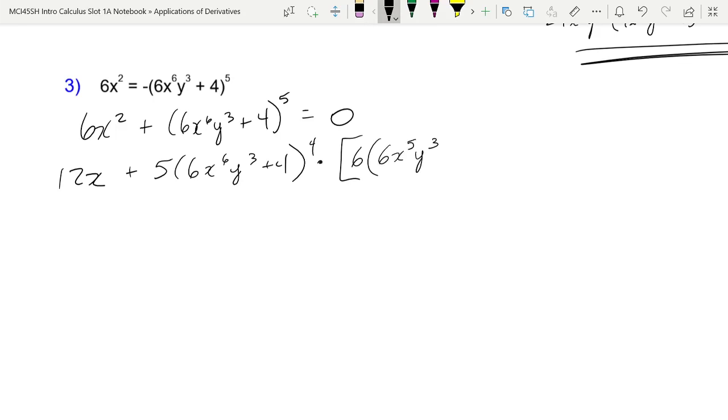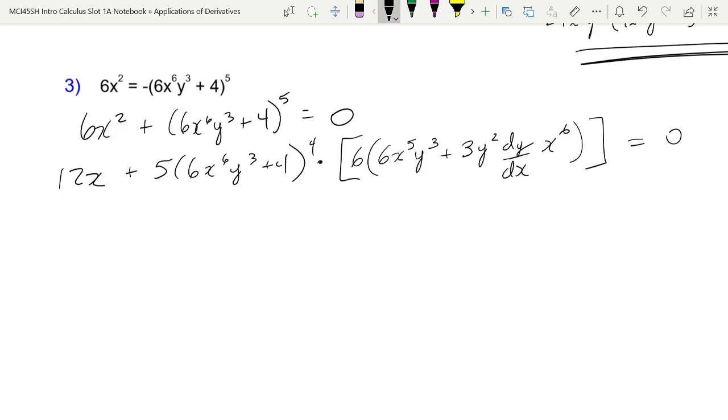So that's the derivative of the first thing times the second, plus the derivative of the second thing times the first. And of course, the derivative of 4 is just 0. So, yeah. Oh, still an equation.